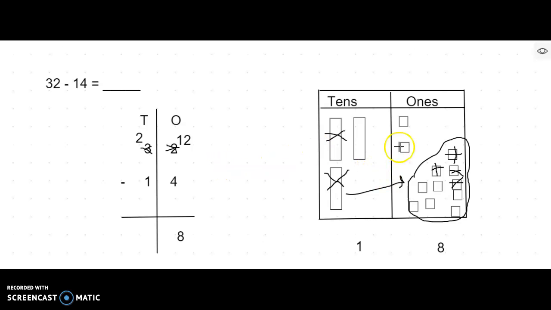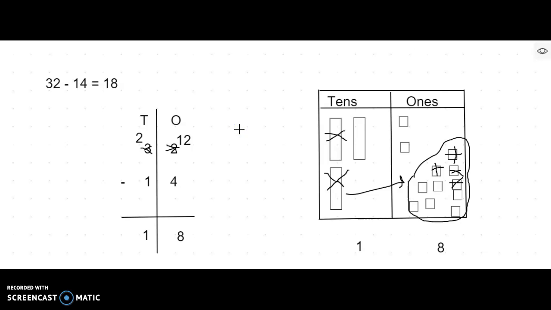So I've taken away my 4 1s and I have 8 1s. I've taken away my 1 10 and I have 1 10. That means 32 minus 14 is 18. So the answer to our problem is 18.